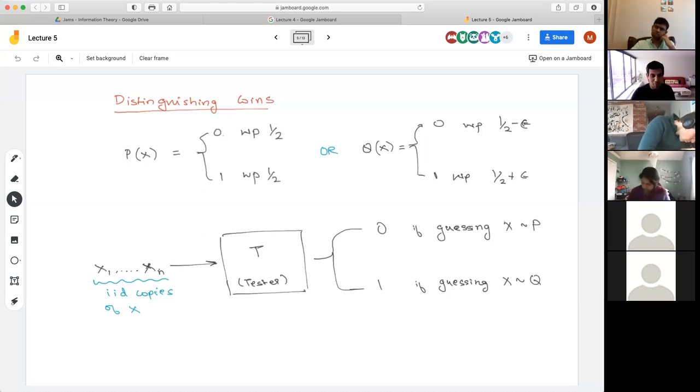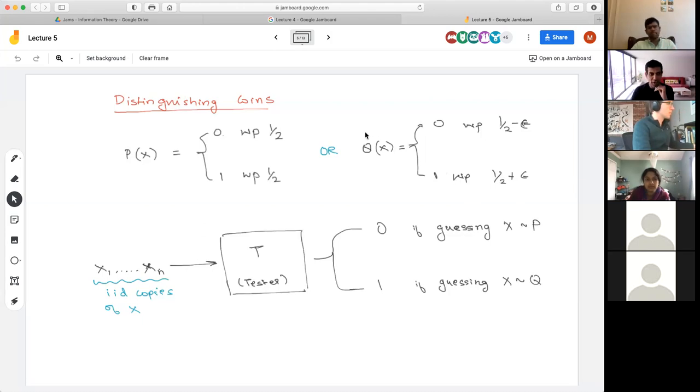I mean, summation xi is still a number between 0 and n, or this likelihood is some collection of probabilities, and you can still do all kinds of computation. If the third bit of this number and the fifth bit of this number are the same, then you do something. Who knows what test you're going to run? I don't know. But for now, we are not bothered about that. We're just saying how many samples do you need to see. Okay. Is the setup clear?